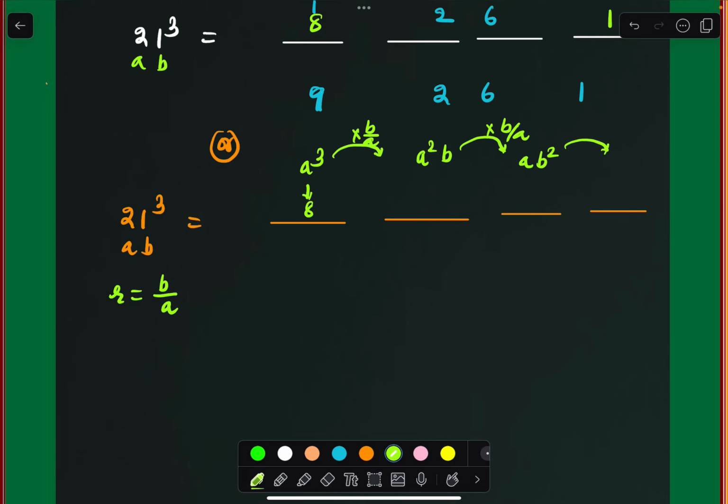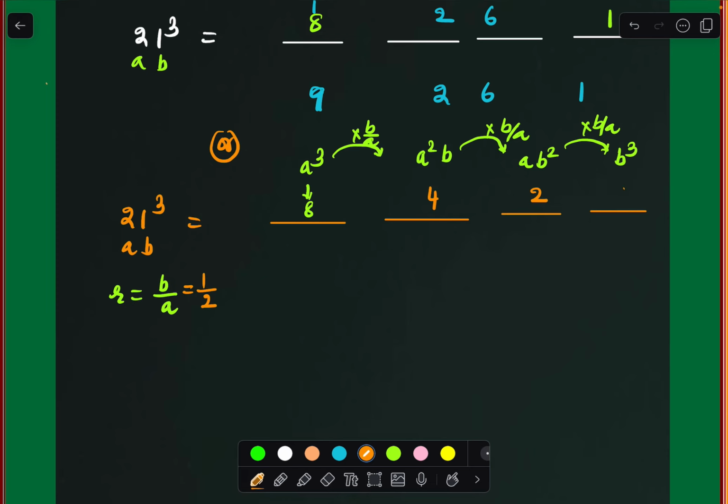Again I'm multiplying by b by a. What will we get here also? We will get b cube. We are writing the same thing, right? Now see this one, 2 cube value 8. I'm multiplying by b by a, how much here, 1 by 2. What can you get? 8 into 1 by 2 will get 4, and again 4 into 1 by 2 will get 2.